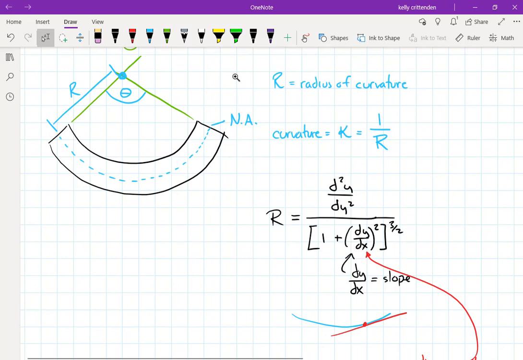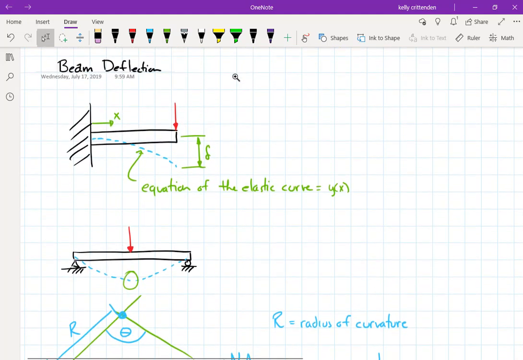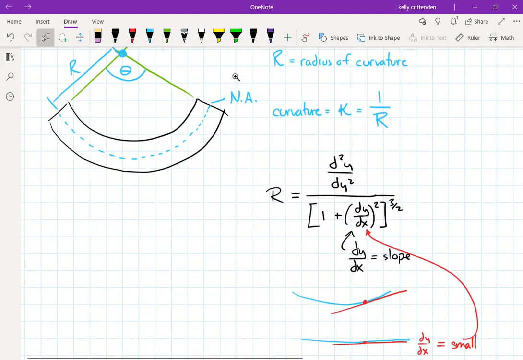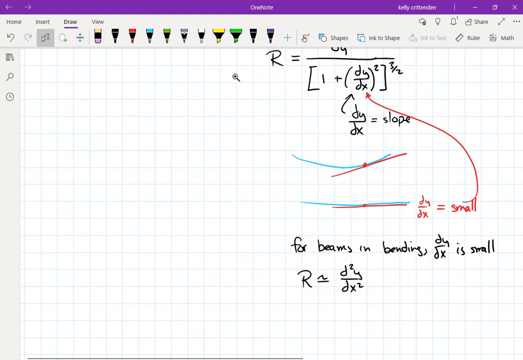If I integrate the slope, so I'm integrating dy/dx, then I just get y, which is the displacement, which is what I want. So I can generate the equation of the elastic curve. I can actually generate an equation y of x if I integrate this radius of curvature twice. I just need to know what to put in for the second order derivative to integrate to begin with.